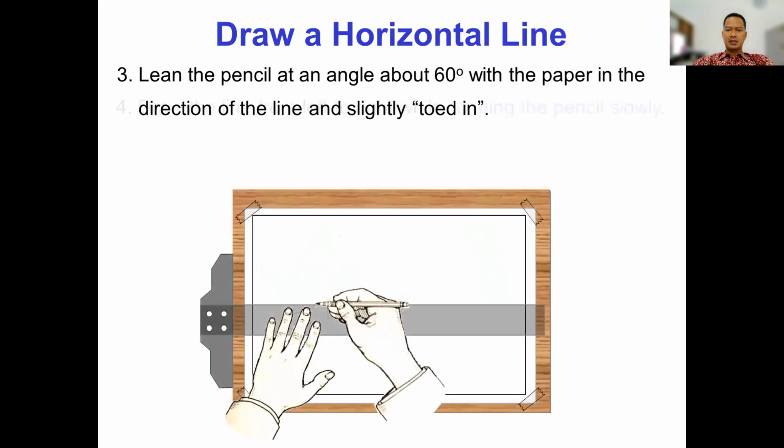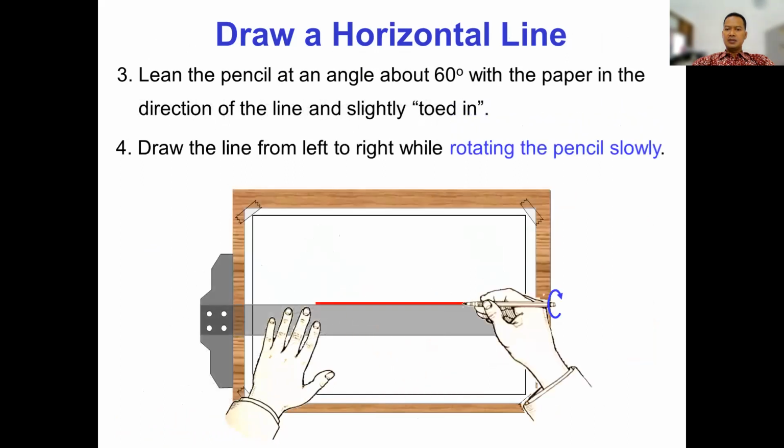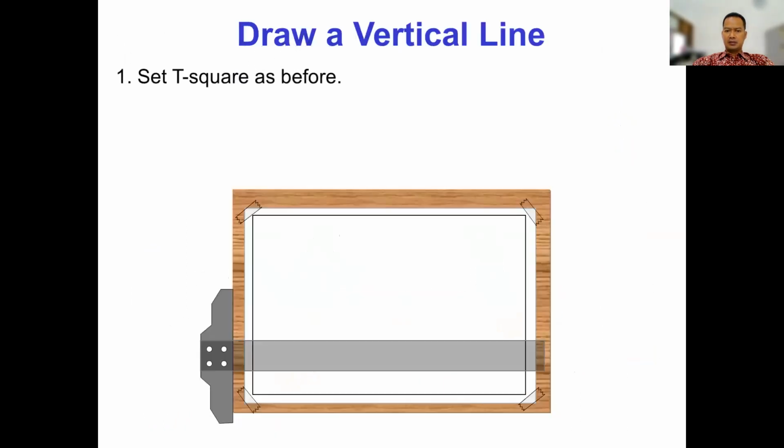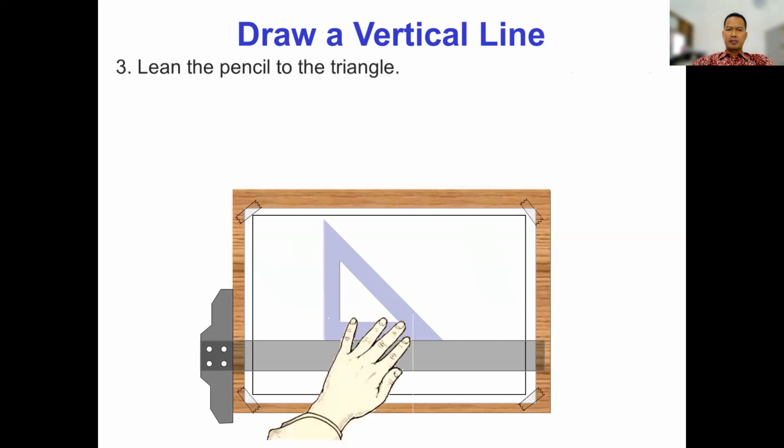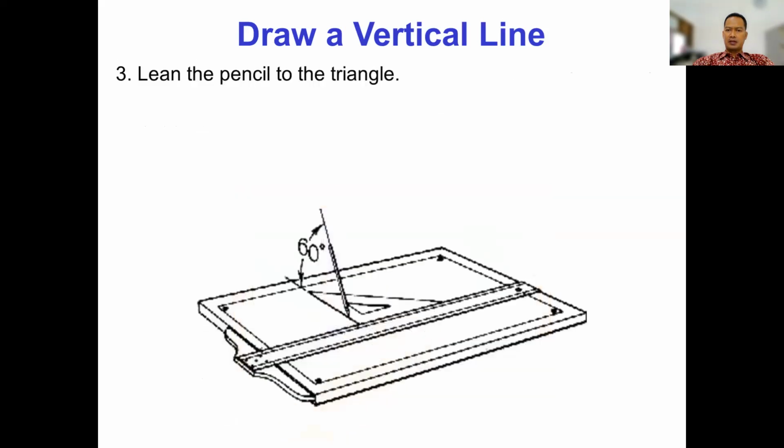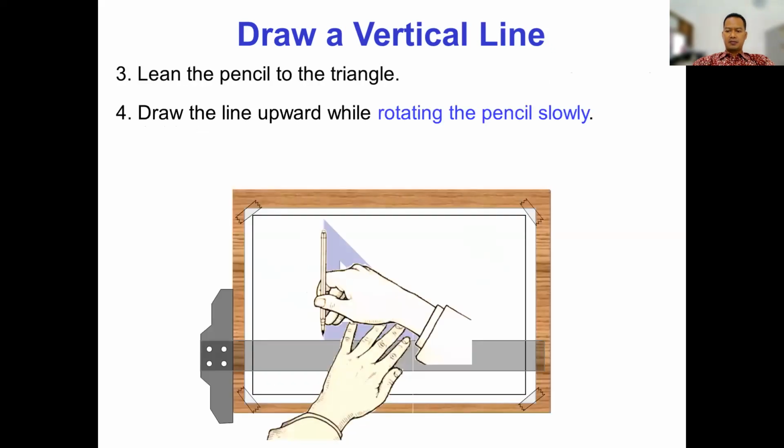For example, like this. I think you can skip. And for the vertical line, set the T-square as before, for example, like this. And then you can use a triangle in the position like this, and you can draw the perpendicular line or vertical line.